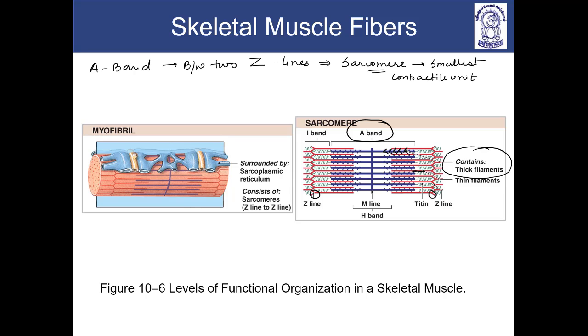The thick filament has spokes like this. Myosin and actin are the contractile proteins present in these thick filaments and thin filaments. First of all, you can see the A band and the I band. A band is anisotropic band and I band is isotropic band.